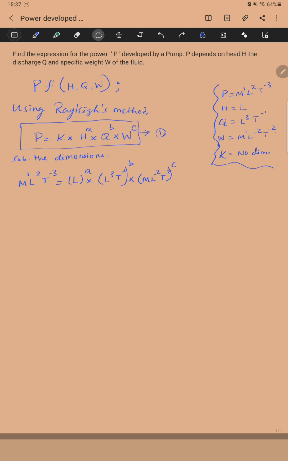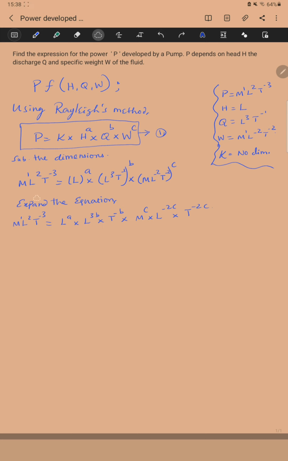Okay, so if I substitute the dimensions in equation 1, I get P is, I've just substituted all the dimensions, my dear people. H is L and the power is A, Q is L power 3 T power minus 1 whole power B, etc. Now I can expand this equation.